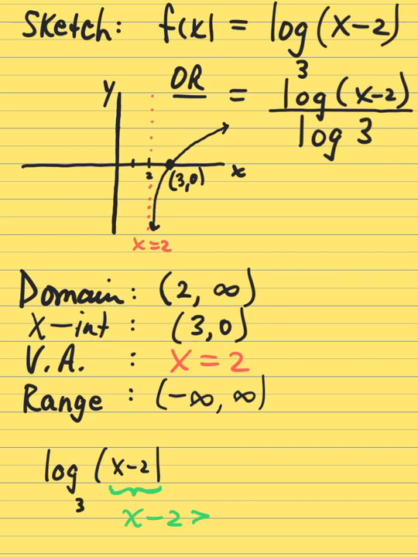Logarithms are only defined for positives, so you got to keep that in mind. Specifically for this function, x has to be greater than 2. Now that's where you get your domain, but you can also use that number 2 to mark off your vertical asymptote on the graph.